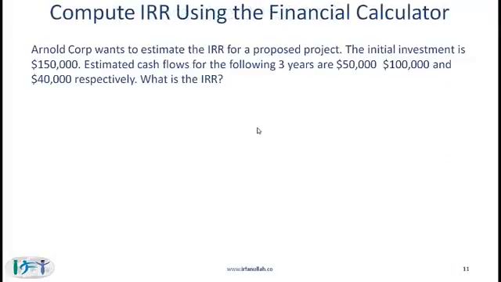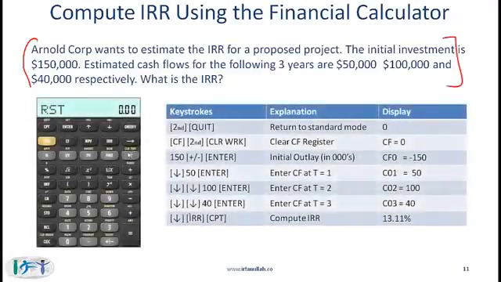The better way is to use a financial calculator. So we take the same question, and here is what we need to do. These are the keystrokes for computing the IRR. This is simply to set the calculator to standard mode. We hit the cash flow button over here and clear any past numbers in the cash flow register, and then we enter this information, and we are working in thousands.